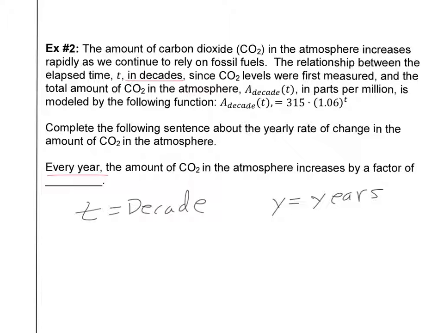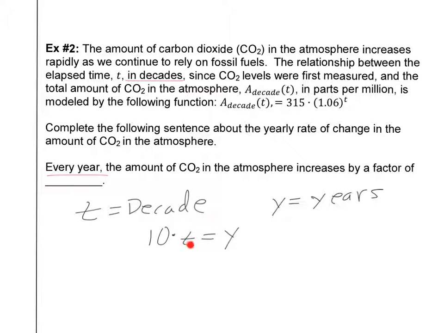Or you could think of it that if you were to take t, and if that represented 1 decade, you would multiply it by 10 to give you the number of years, right? So for example, if you had 1 decade, 1 for t, 1 times 10 is 10 years.